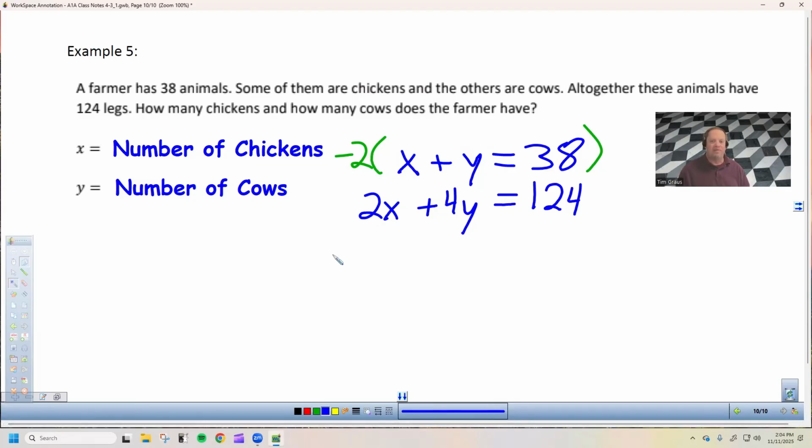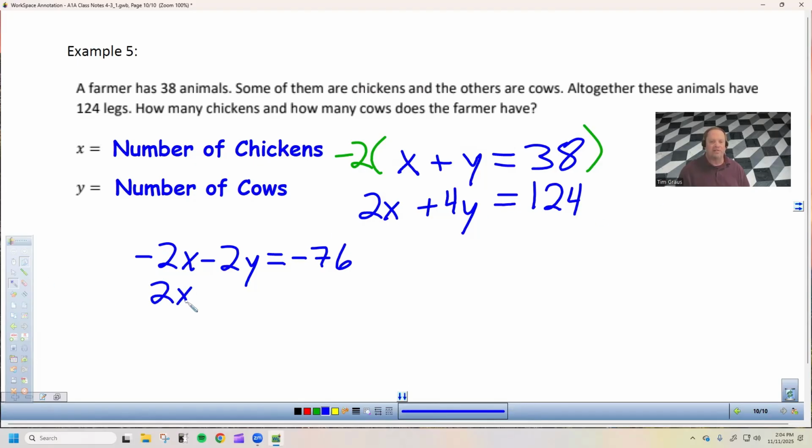So my new system of equations, the top equation is going to be negative 2x minus 2y equals, I also have to multiply the negative 2 times this 38. That would be negative 76. And the bottom equation, I didn't multiply times anything.